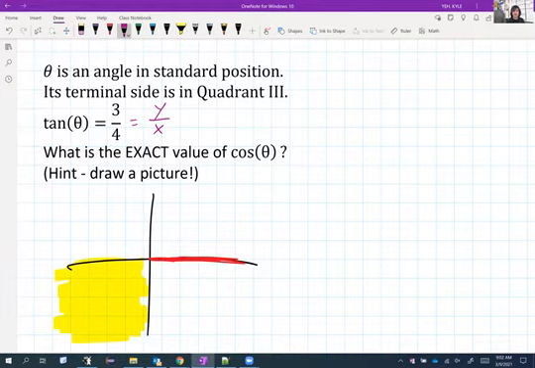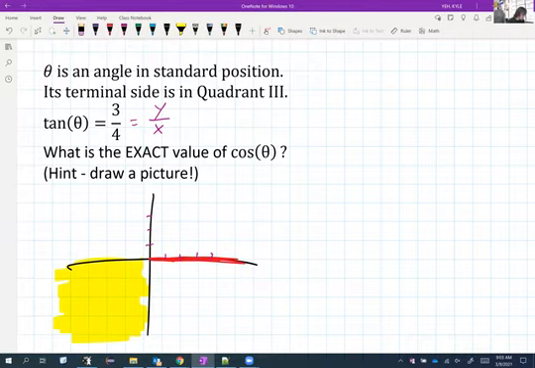Now that sounds kind of easy because, well then, y is 3 and x is 4, and it just ends up right here, except that doesn't meet the quadrant criteria. So how could we have a tan theta being 3 over 4, but not in quadrant 1?